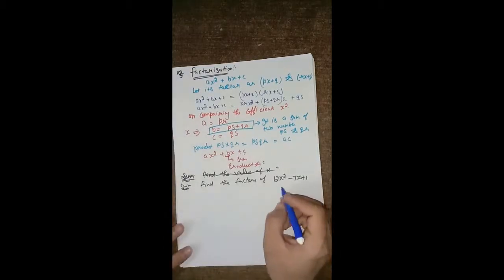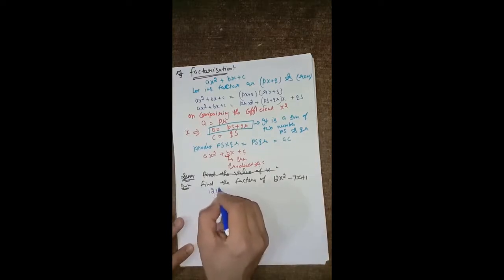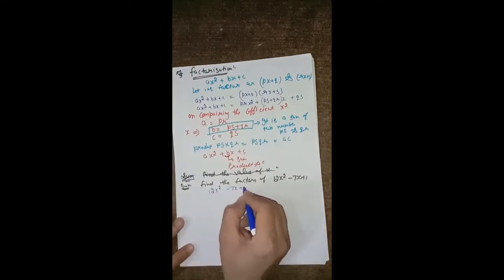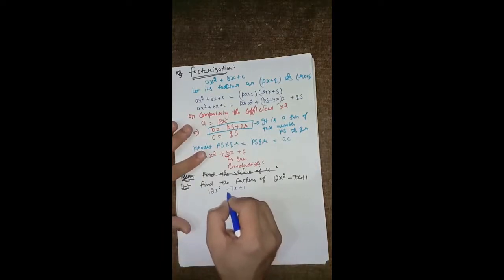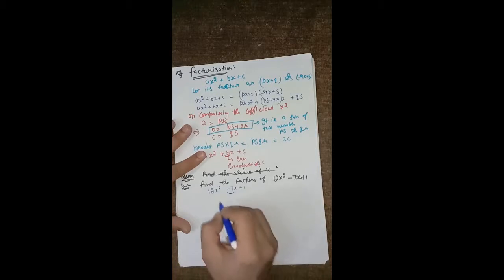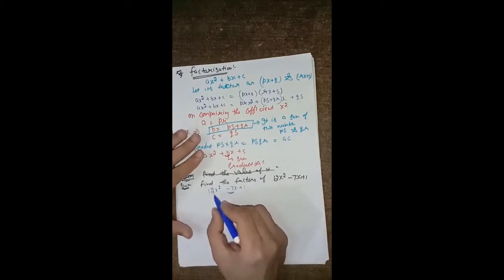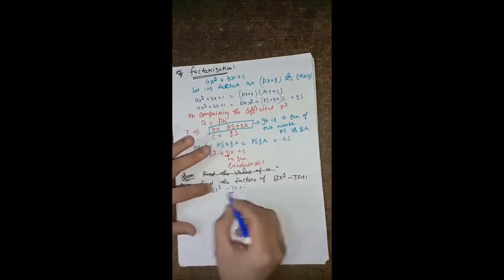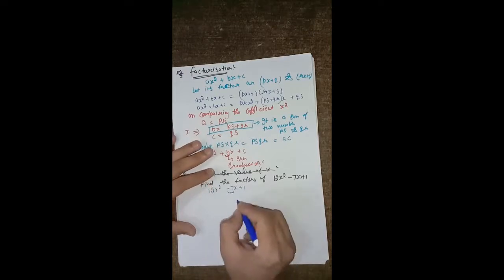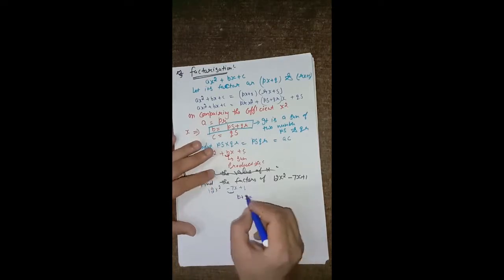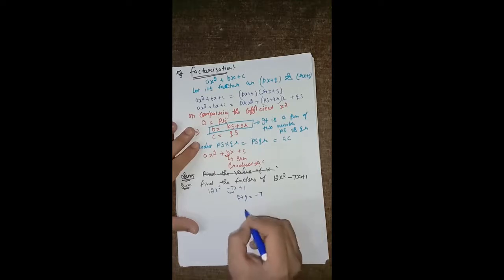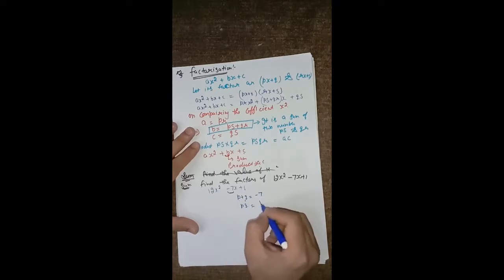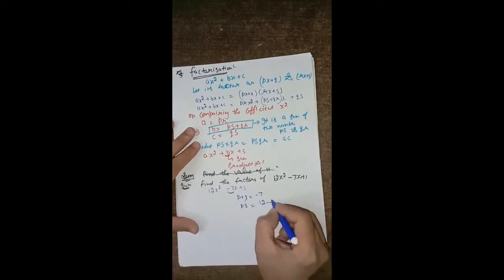If we want the factors of 12x square minus 7x plus 1, then the sum should be minus 7 and the product of the numbers should be 12 into 1. Assuming two numbers p and q, p plus q should be minus 7 and p into q should be 12. Now factor these 12.